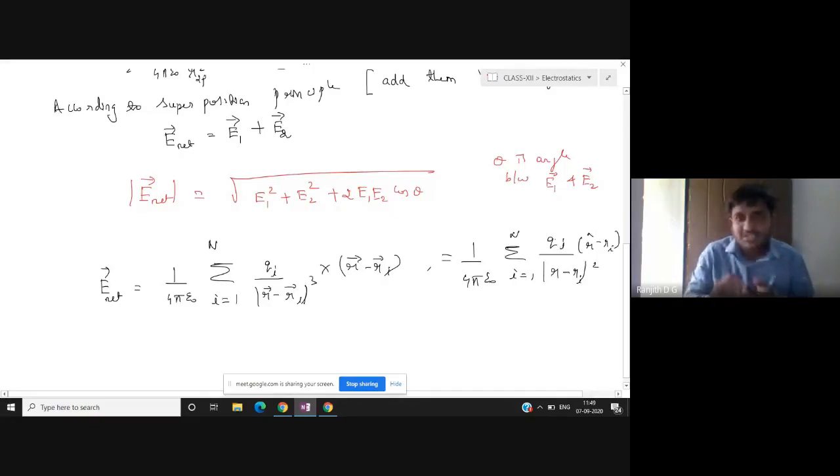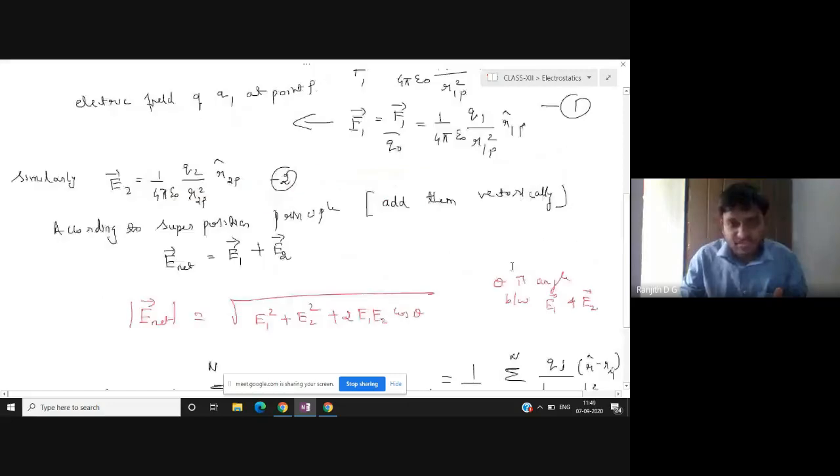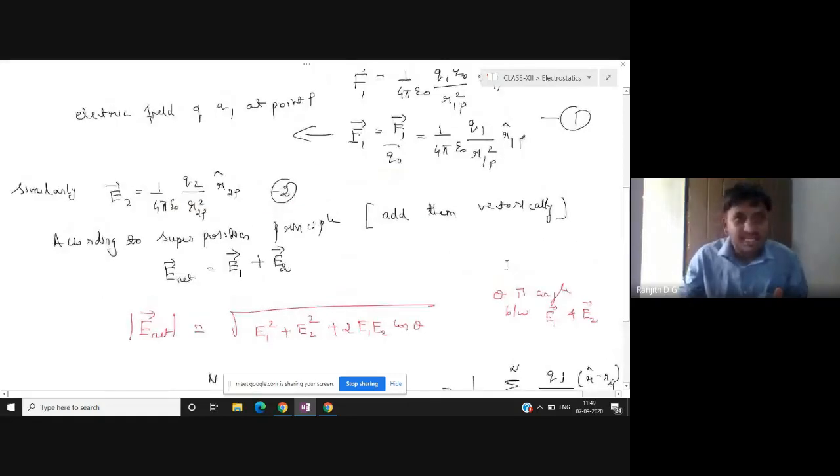So this is the way you can write it. So these three things I have discussed now: what is the electric field due to a point charge, and the electric field due to a system of point charges.